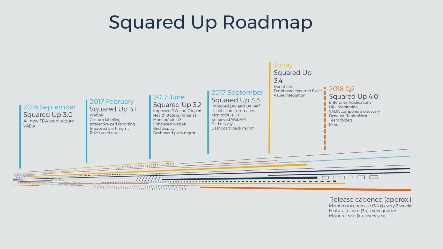So today is just going to be looking at 3.4, and then we'll be covering 4.0 later. And of course, throughout the year, we'll have feature releases updating the new v4 branch. So that's where we've been over the last year and what we have coming up in 2018. And today, obviously, I wanted to talk to you about 3.4.